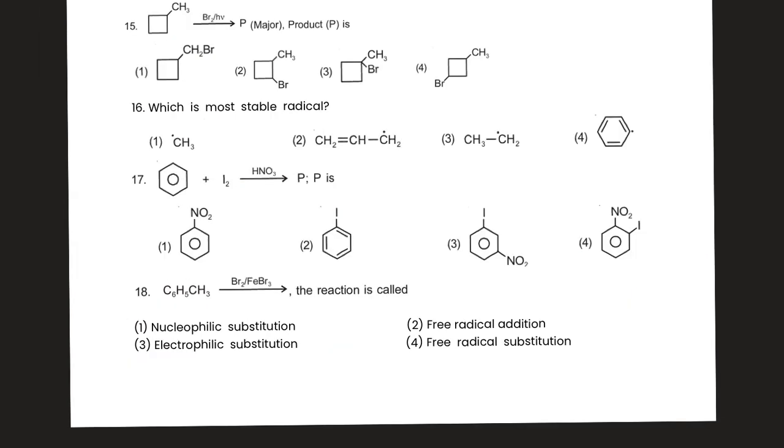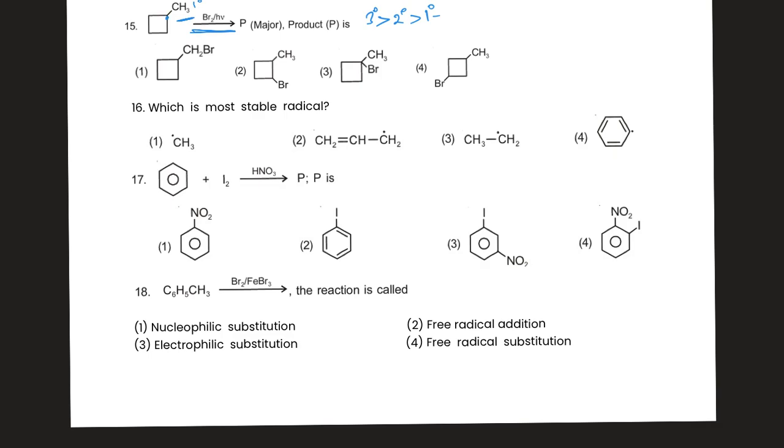Now the 15th question. An alkane with a cyclobutane ring and a methyl group: methyl cyclobutane. Bromination in the presence of h nu means we always have to think about free radical substitution. Generally, which free radical is stable? A tertiary free radical is more stable than a secondary, and secondary is more stable than primary.